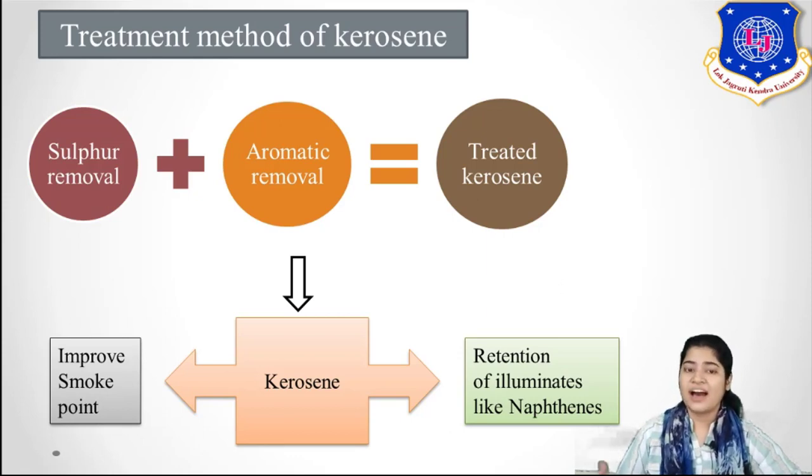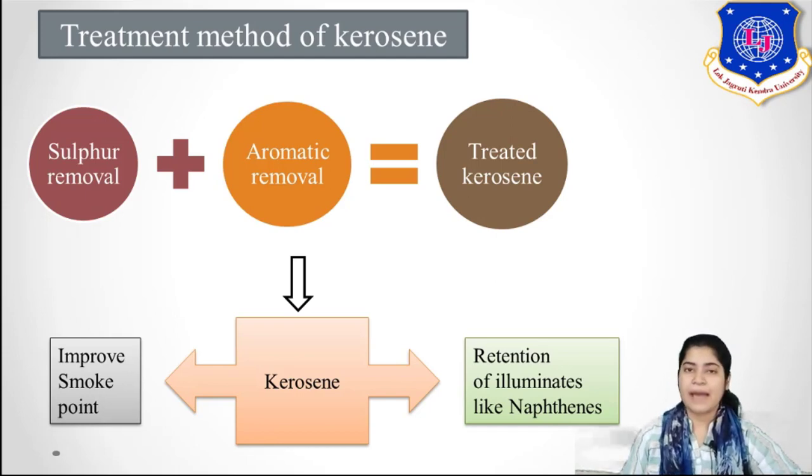Why? See, high aromatic content in kerosene gives you high smoke formation. And smoke formation is measured by what parameter? That is the smoke point. So the treatment results in improving the smoke point of your kerosene, but you also have to retain the illuminant characteristics.